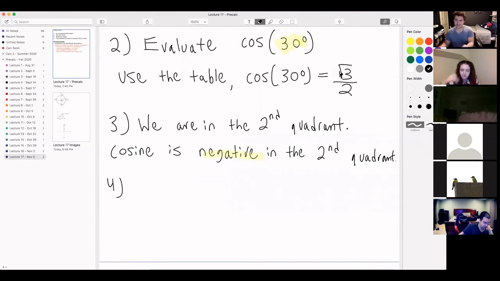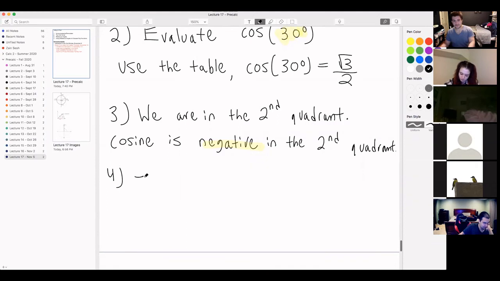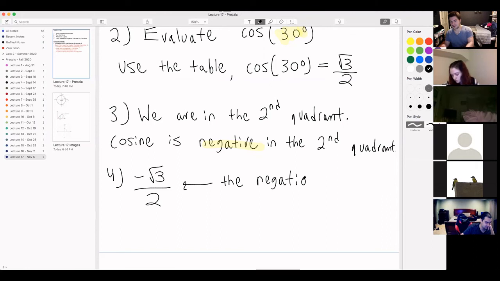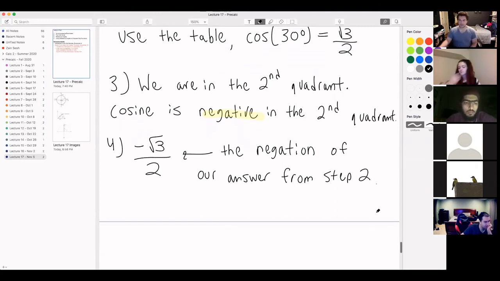So just negate it, put a minus sign in front of it. So we're done. Negative square root of 3 over 2. So that's the negation of our answer from step 2.